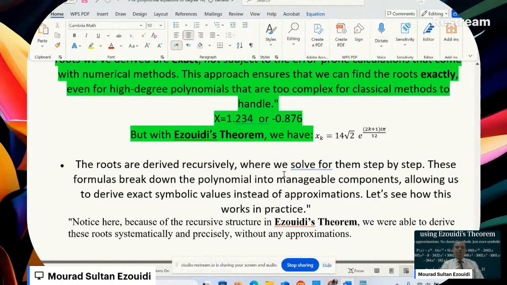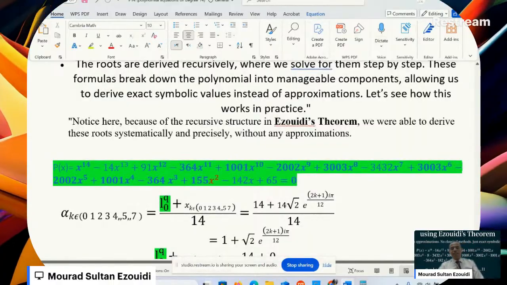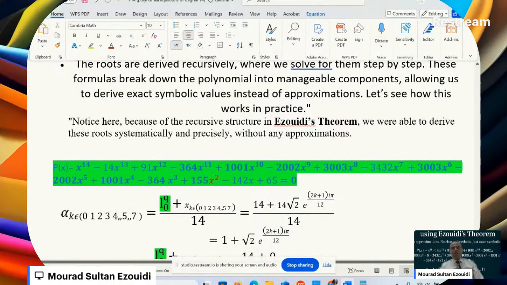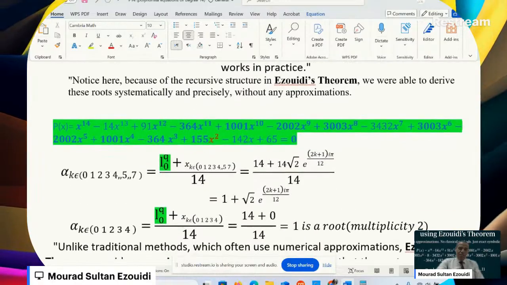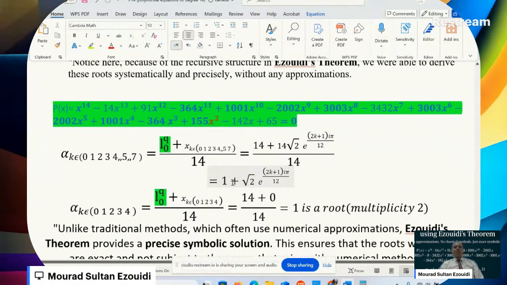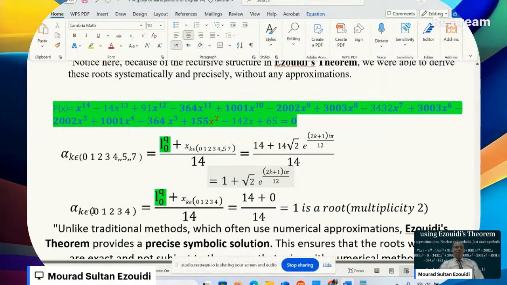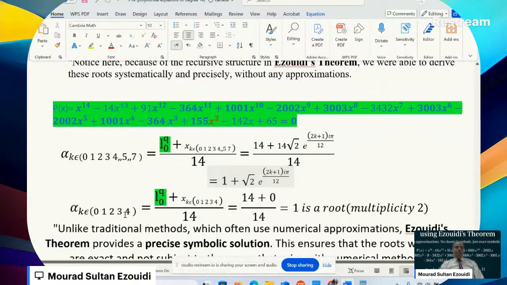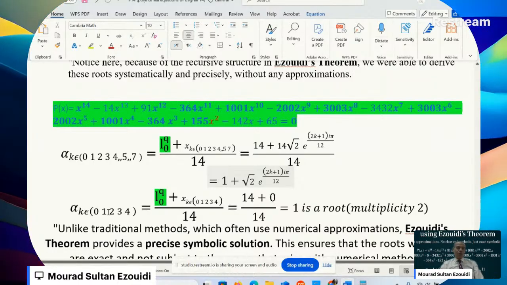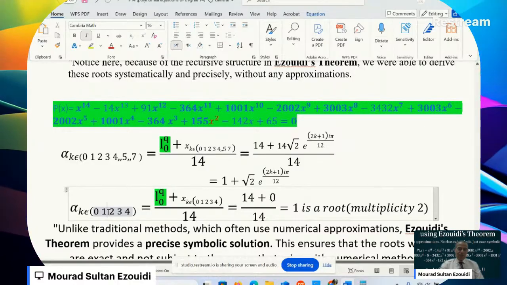So here, my professors, these are the exact symbolic roots: 1 plus root of 2 exponential (k plus 1) i pi divided by 12, and k from 0 to 1. Okay, erase this one.